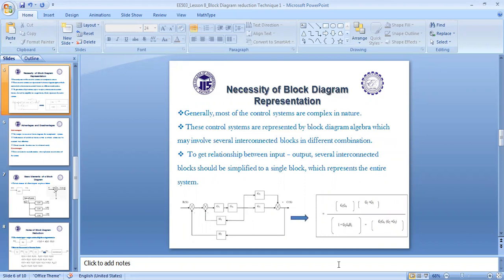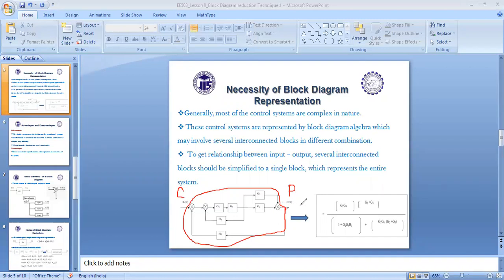See here, suppose this entire system is a power plant in which coal is acting as input and power is the output. Generated power is the output. Now, suppose you want to generate 1 kilowatt power, you must know for 1 kilowatt power generation how much coal is needed.